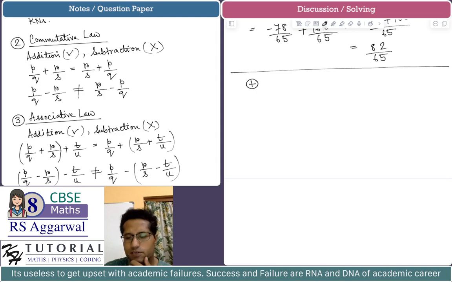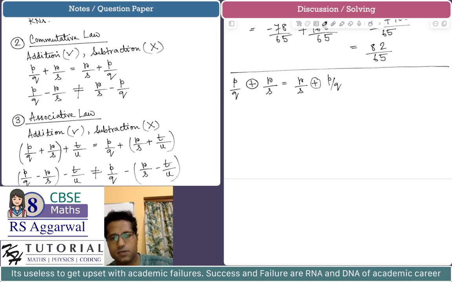Now we say that this operator is commutative only when we operate this operator on two rational numbers, let's say p by q, and this operator, whatever this operator means, r by s is equal to r by s and this operator p by q. So if you change the order of the two rational numbers across the operator and the value remains the same, then only we say that this operator is commutative.